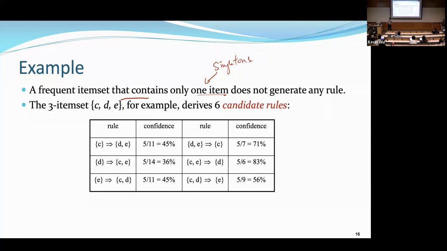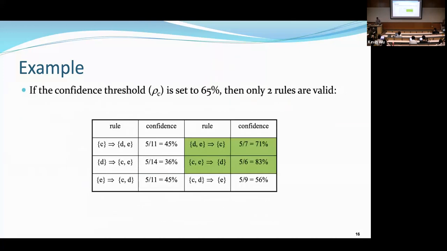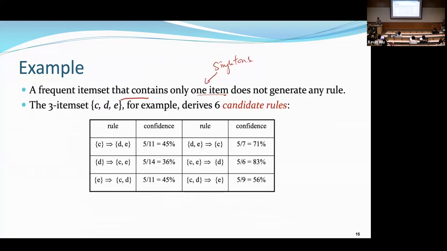So that means that for these frequent item sets that consist of one item each, they do not derive any association rules. So we have to care about the others. For the other frequent item sets, we have to derive rules and check the confidence conditions.